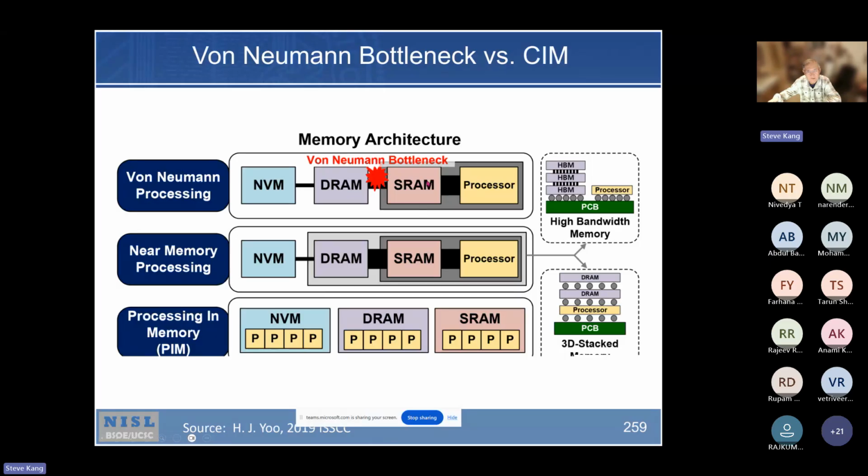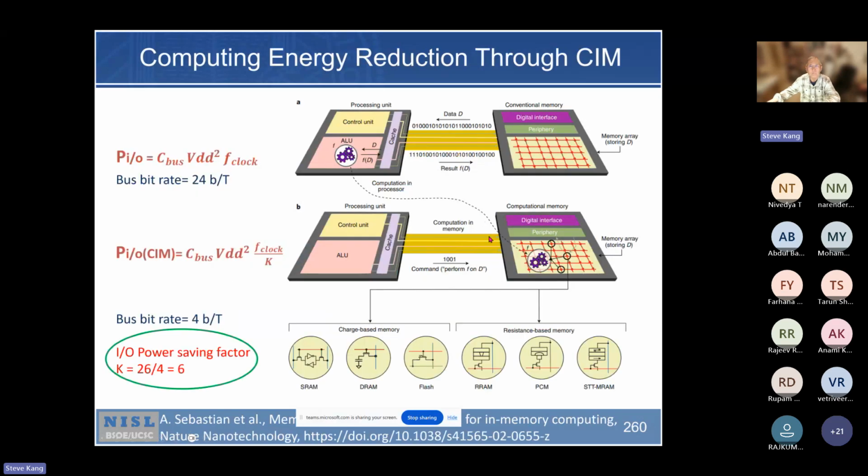Now, the next slide will explain more quantitatively. Again, you have a processing unit with a control section and an arithmetic logic unit, usually called the register and the ALU, the data path.